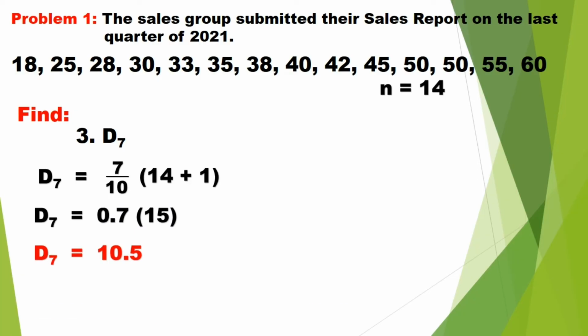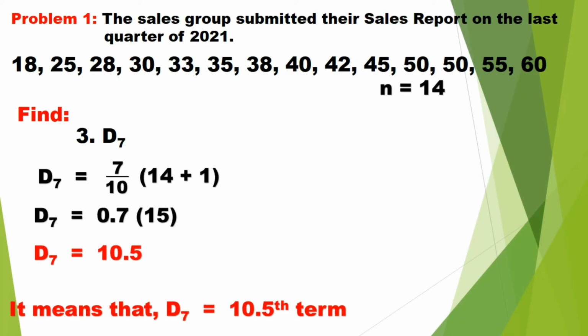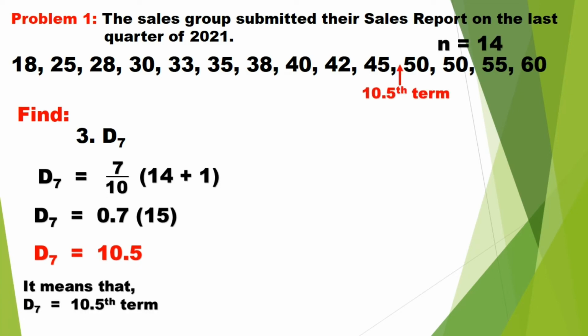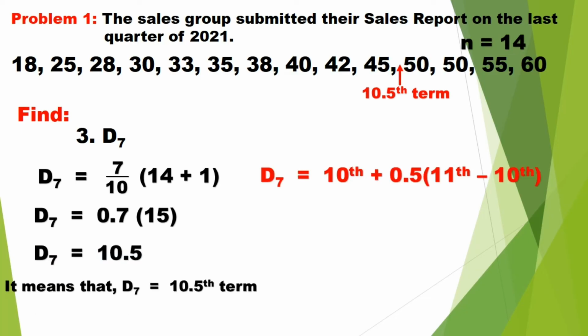Again, it means that the seventh decile is located at the 10.5 term, which is located between the 10th term 45 and the 11th term 50. To interpolate the value, the interpolation formula will be D sub 7 equals 10th term plus 0.5 times the quantity of 11th term minus the 10th term.